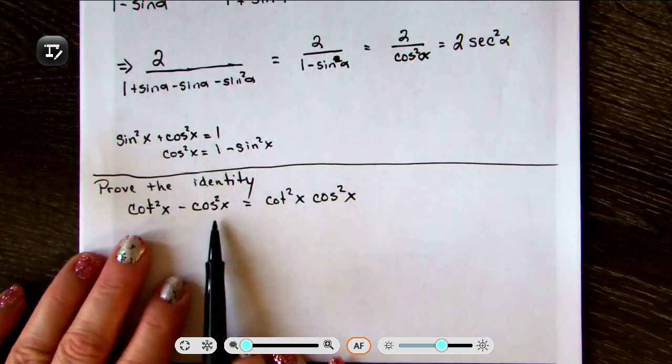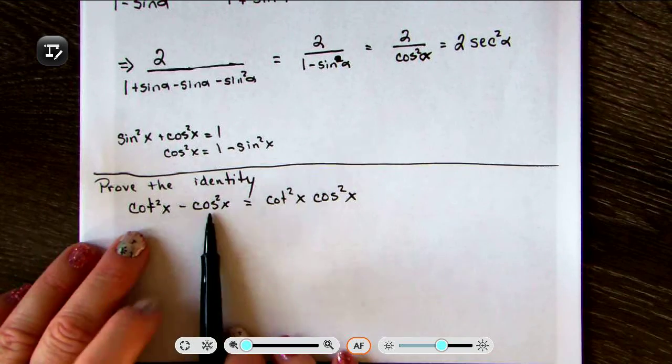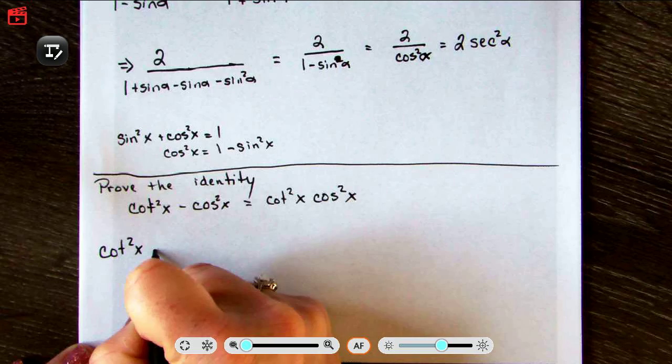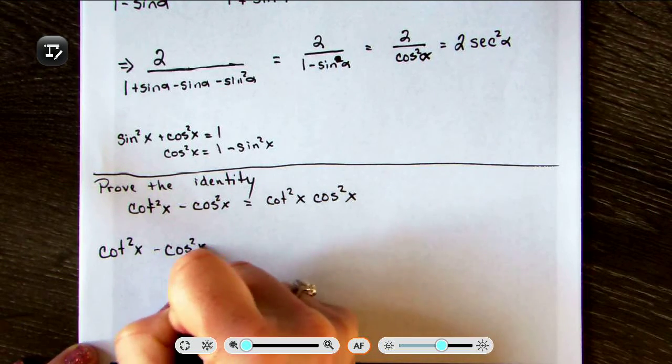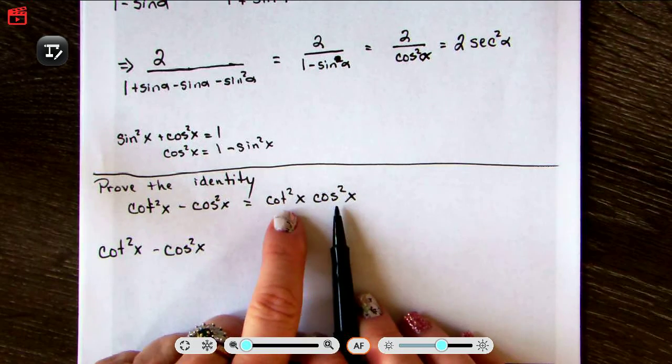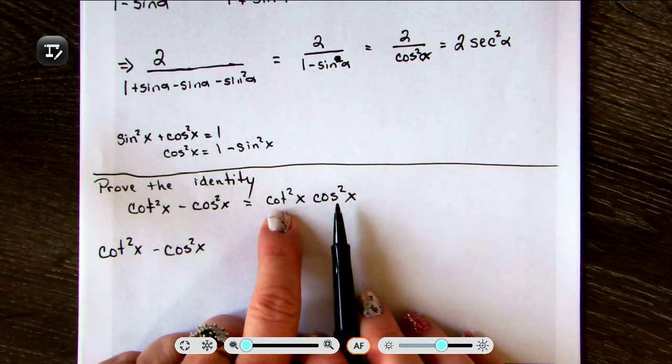So I'm going to start on this side. And my job, through substitutions and things of that nature, or algebraic manipulation, legal applications of algebra, is to get it to look like cotangent squared times cosine squared.